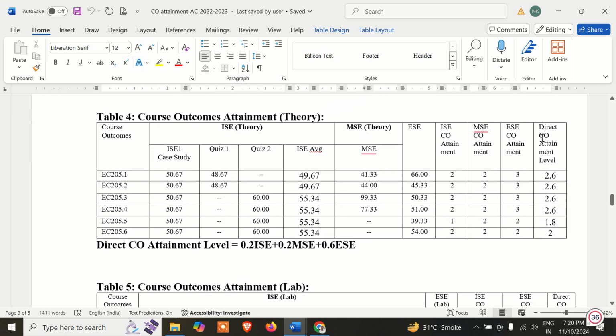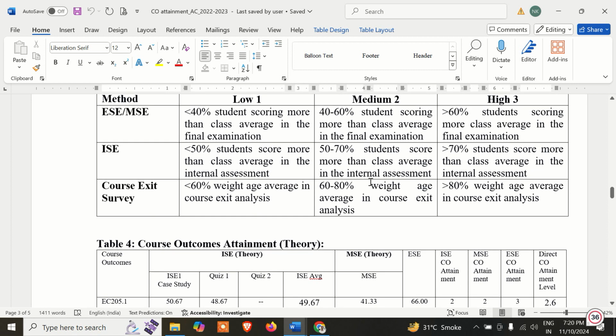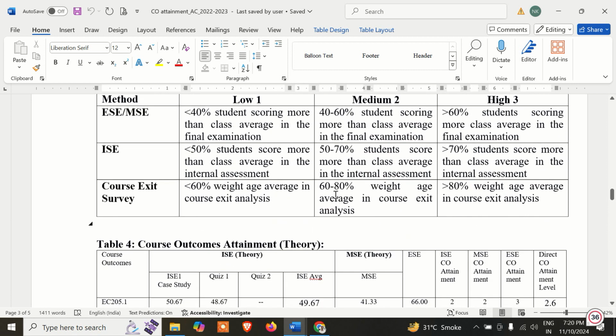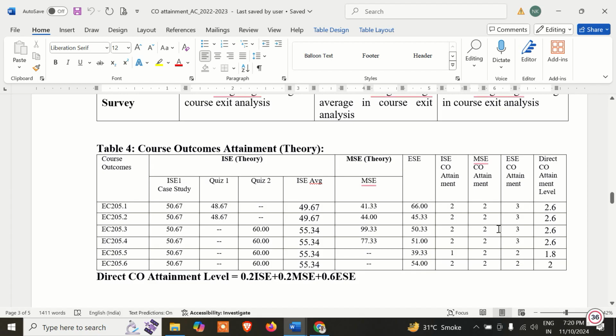Accordingly, you fit the attainment level of ISC, MSC, ESC into those scales. Direct CO attainment means taking all three together and averaging them, and you will know the direct CO attainment of all the course outcomes through ISC, quiz, MSC and ESC.